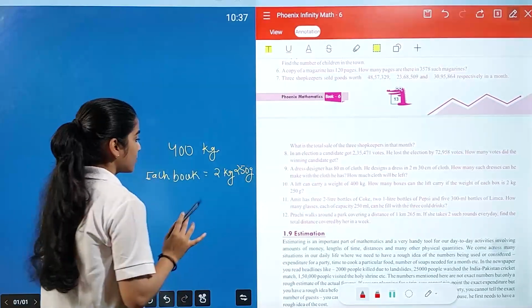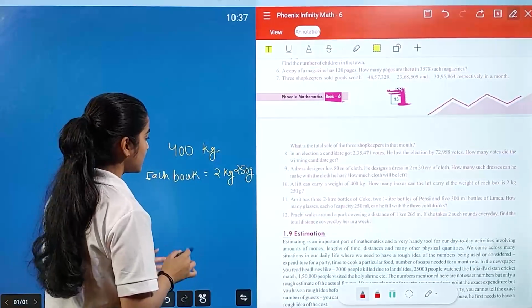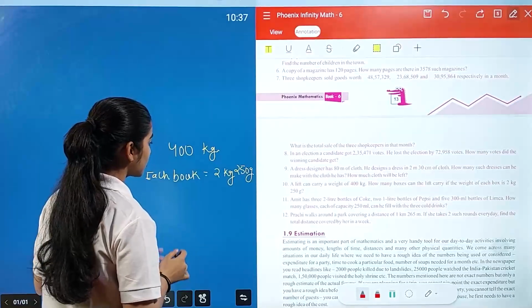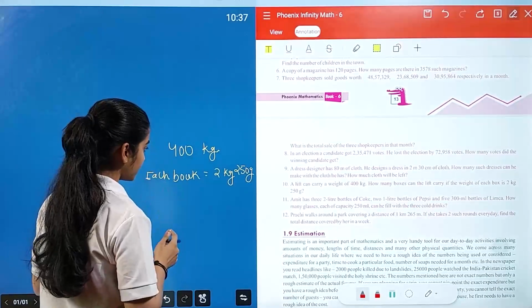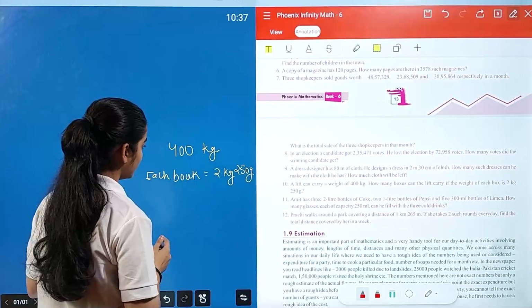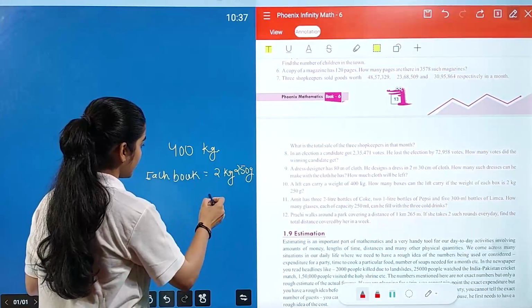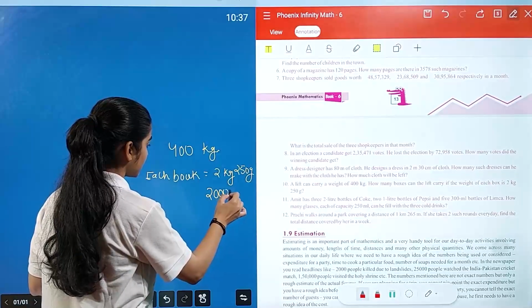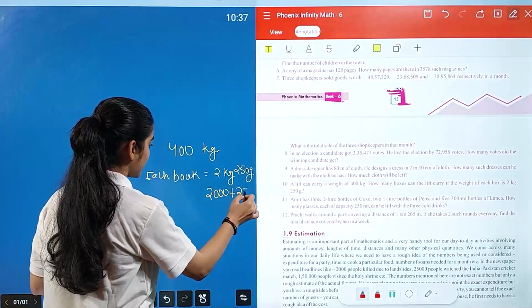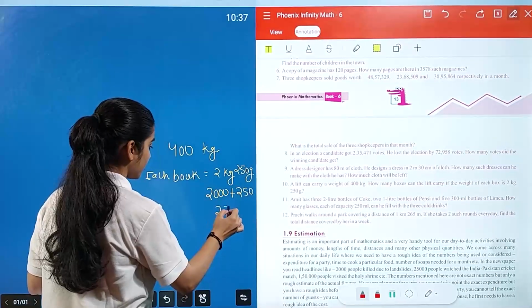So this is totally up to us. We can change our numbers into gram, or we can change our quantity into kg. So let's do 2 kg will be equal to 2000 gram plus 250.